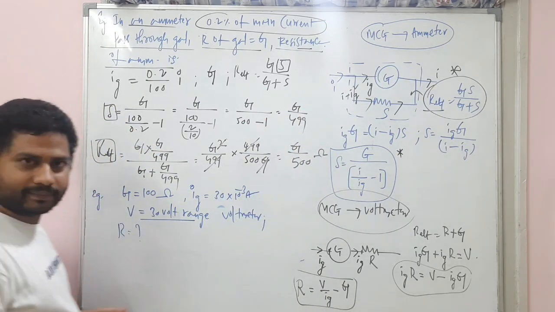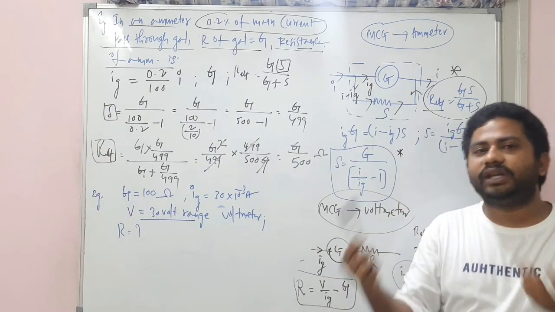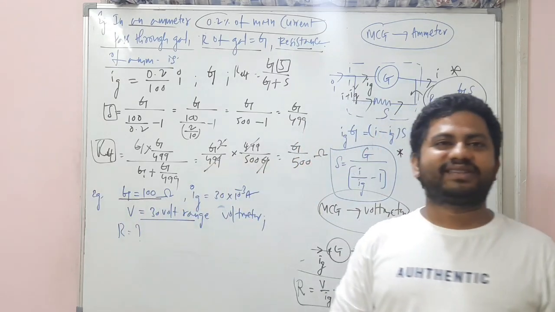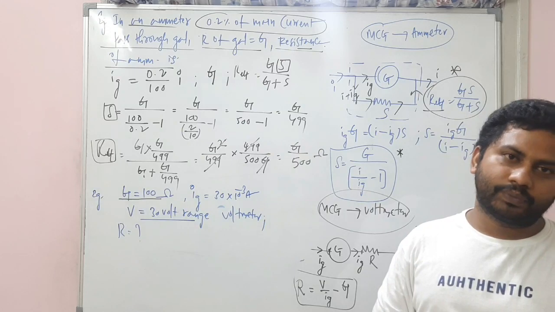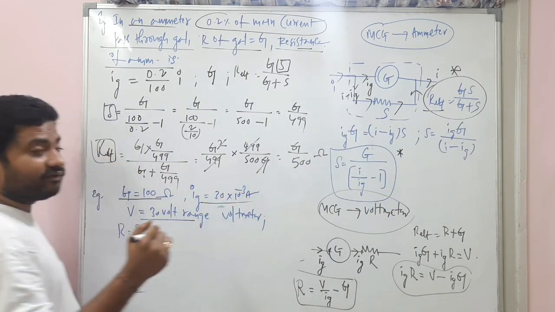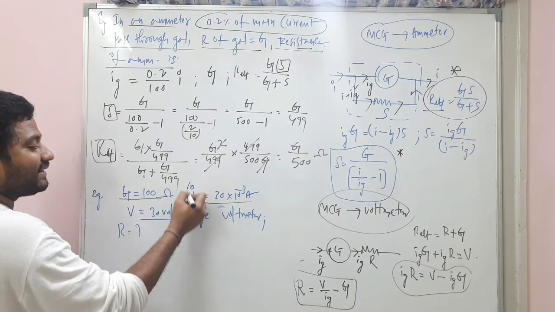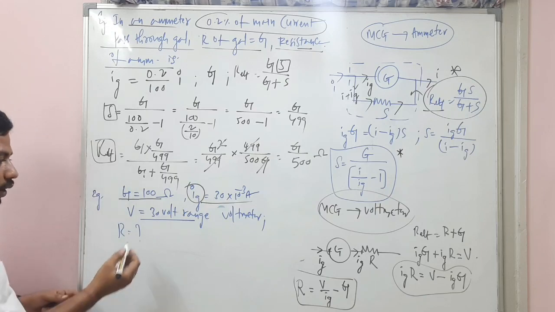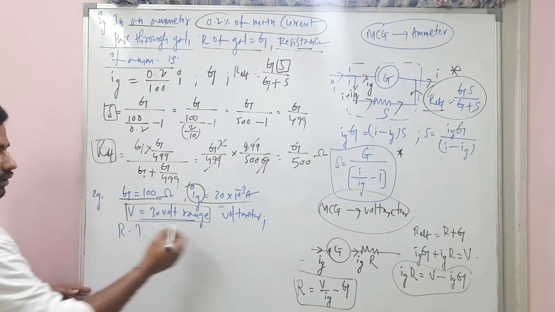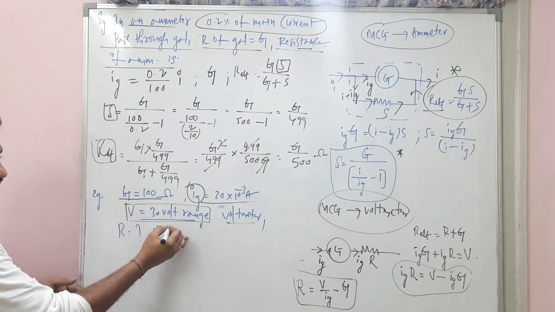Coming back to this, read this. About the ammeter we have discussed; one question based on the voltmeter. Given galvanometer resistance is 100 ohm, and given the maximum deflection, the current needed for the maximum deflection of the galvanometer is I suffix G. Now a 30 volt range voltmeter. Find the resistance required. This is the high resistance required.